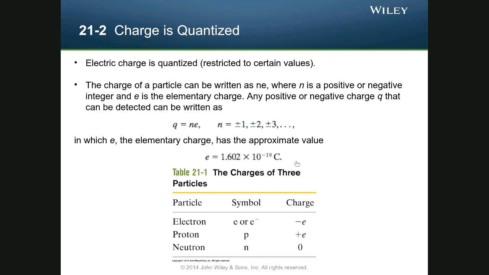Another way to look at this, if you want to be mathematical about it, this might help some of you, it may confuse others: continuity is like the real number line, where in between every number there's an infinite number of numbers, and a quantized system is like the integers, 1, 2, 3. There's no integer between 1 and 2, right? It's just 1, then 2, then 3. It's a concept that is subtly difficult, and then it becomes very difficult.